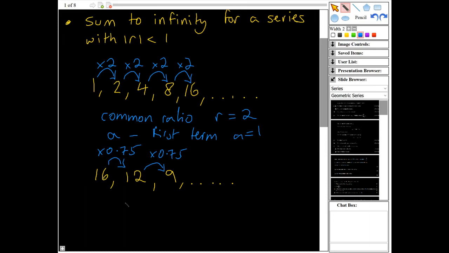So I can say that this time the common ratio r is 0.75. If I wanted to, I could say r is 3/4. Okay, so both of these are geometric series because they have a common ratio. So each term you can find what the common ratio is by working them out. So to find the common ratio, you can just divide any two terms in the series, the greater one by the one preceding it.